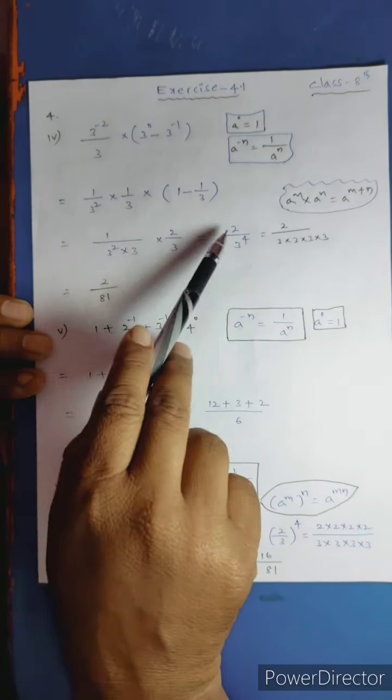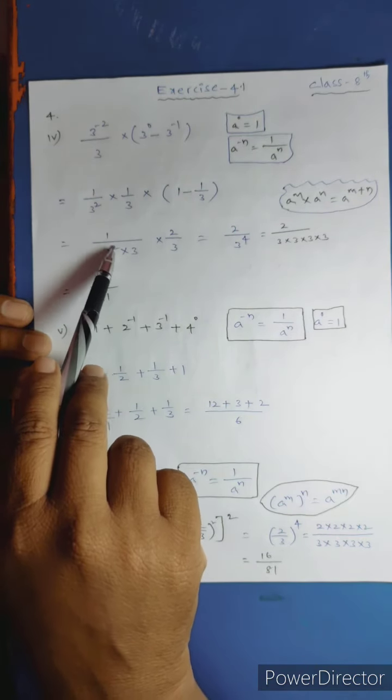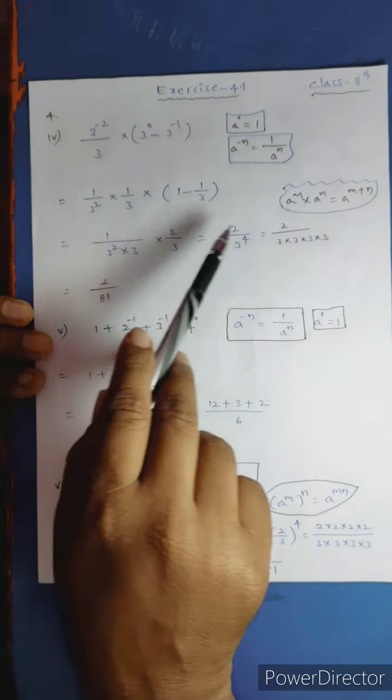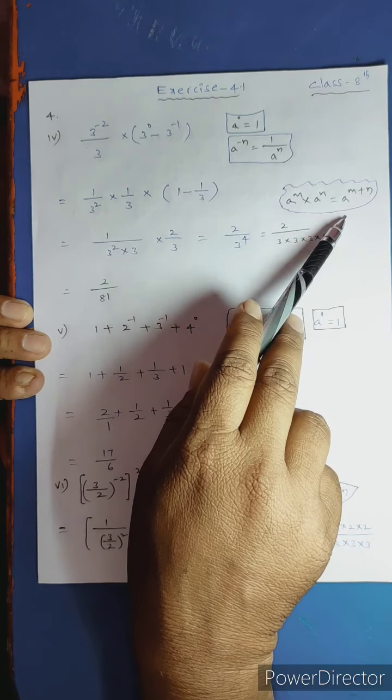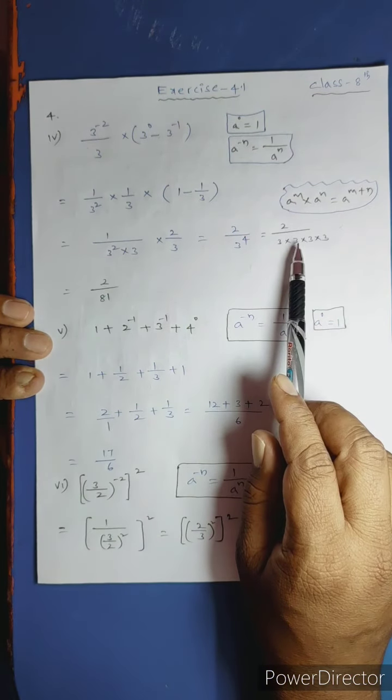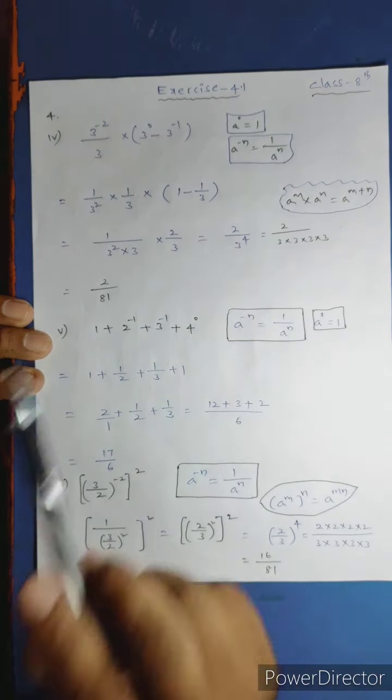Here, 3 how many times? 2 times, 1 time, 3 times, 1 time, 4 times. Here the formula a^m into a^n is equal to a^(m+n). So 3 4 times: 3 3s are 9, 9 3s are 27, 27 3s are 81.